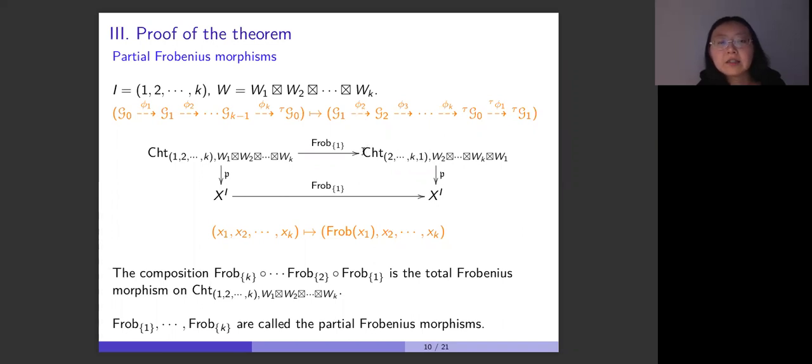For the first shtukas, the first modification is bounded by W1. For this second stack of shtukas, the first modification is bounded by W2, etc. And the map is that we keep this part of the chain.